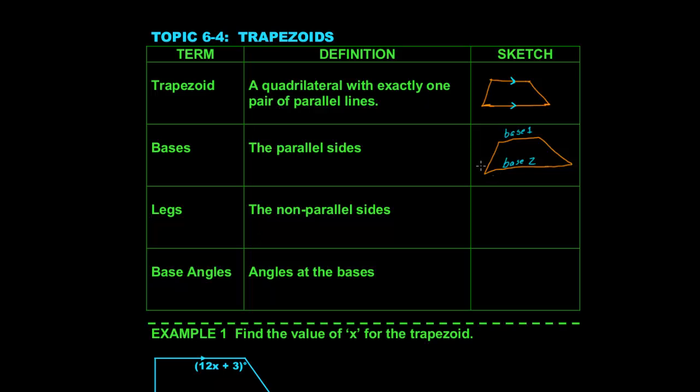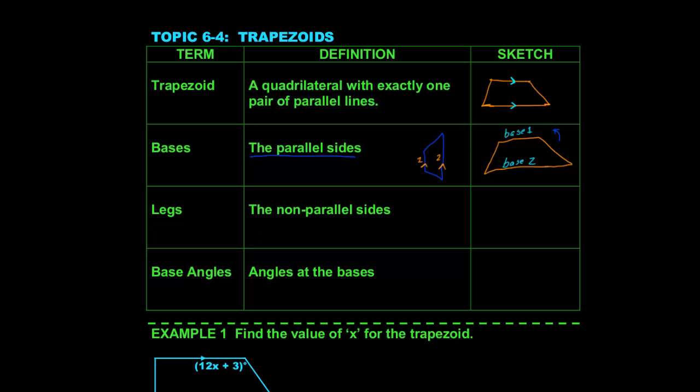Our bases, the definition is the parallel sides. So if we were to rotate this figure and had something similar to this, this would be our base number 1, and this would be our base number 2. These are still our bases. Our bases are our parallel sides. This is parallel with this.